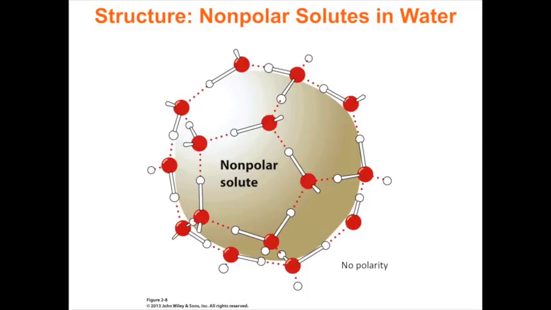When it doesn't find those in nonpolar solutes, it's forced to look elsewhere. And where it looks is immediately next to that water molecule, to the neighboring water molecule. And all of a sudden, we create this ordered sphere around the nonpolar molecule. The inability of water to bind to that molecule forces it to bind to other water molecules, and we have what's called a hydration shell that forms around this nonpolar solute.